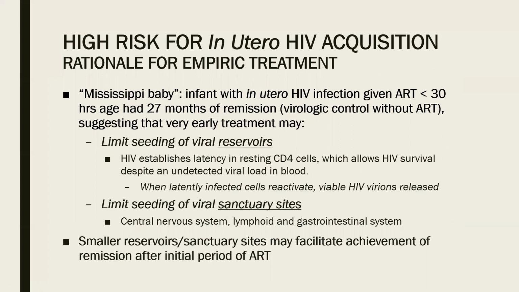So what we try to do is really get strong 3-drug empiric therapy on board for the baby very early in life, in order to create smaller reservoirs and smaller seeding so that you might be able to achieve remission after an initial period of ART.